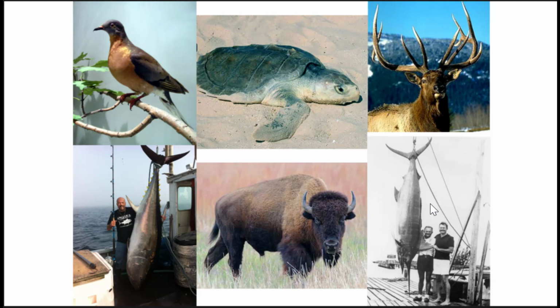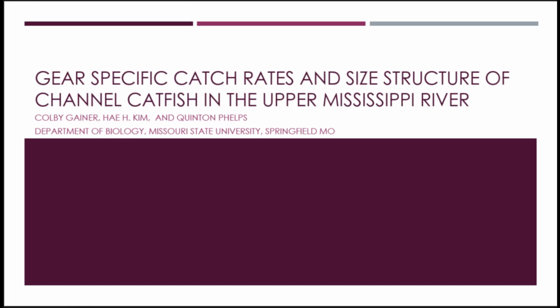Humans, as we know, are very good at catching and exploiting natural resources, and we see that with the birds, turtles, big game, big fish, and the American bison. We've seen the impacts of human exploitation over history. So this ultimately leads us into the topic of my talk today.